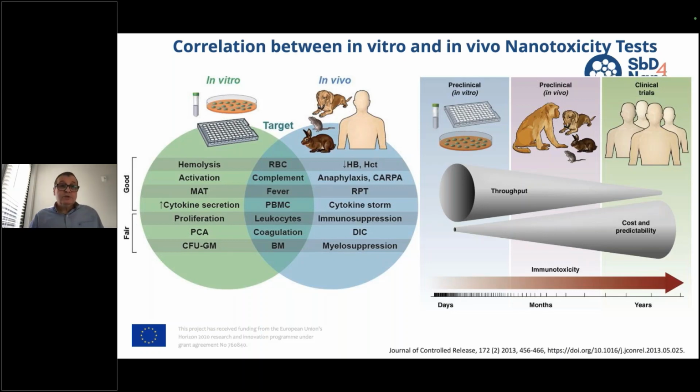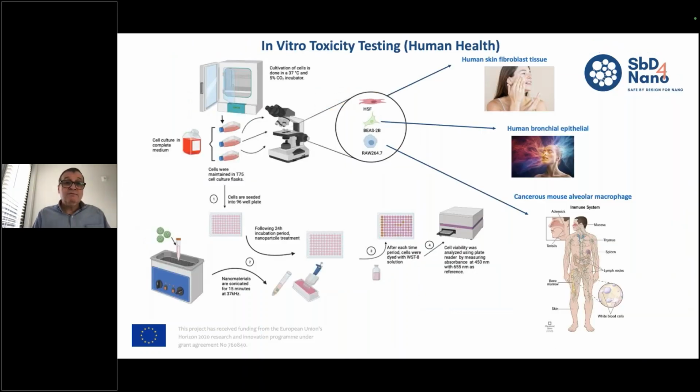So now I'm going to show you some results from the in vitro toxicity testing. We selected three cell cultures. The first, HSF, is human skin fibroblast cells, the second is human bronchial epithelial cells, and the third is macrophages. Why did we select these cell lines? Because of how people are exposed to nanomaterials.